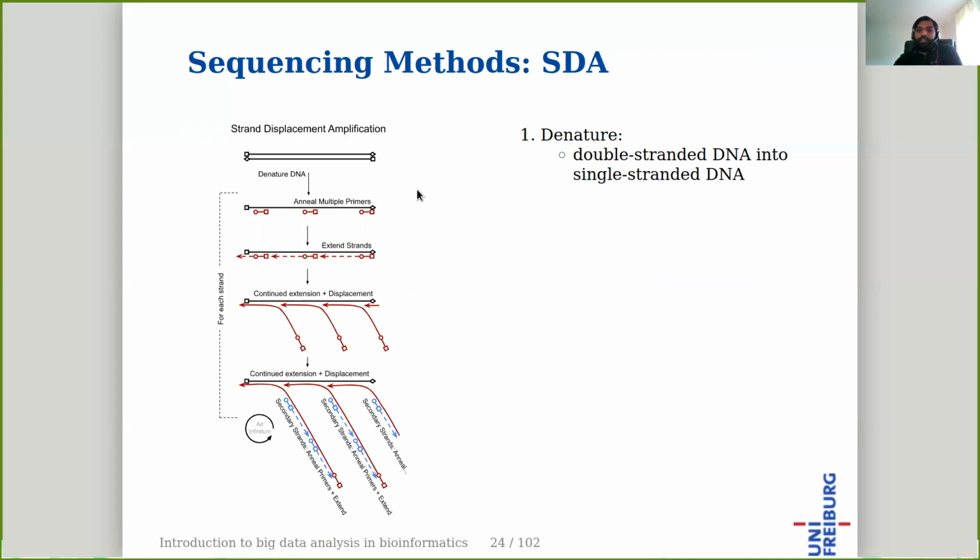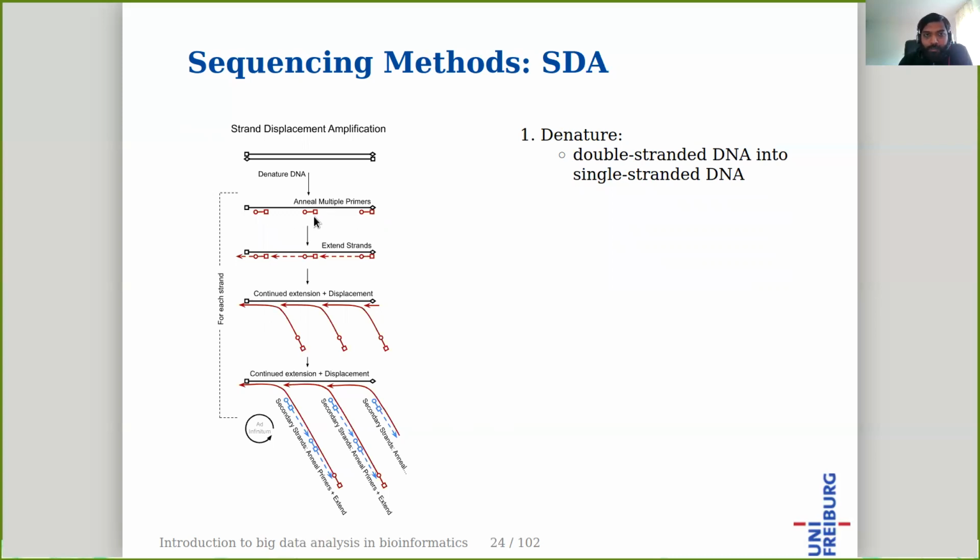There's also another method which is called strand displacement amplification. In this method, we also anneal the primers, but this time we start with denaturing of DNA. Then we take one of the strands and anneal not just one primer, but multiple primers. And then this time, the primers are extended until they reach the start of the next primer.